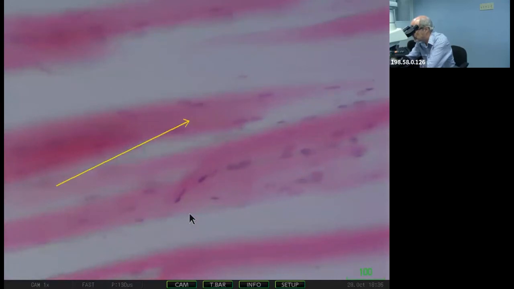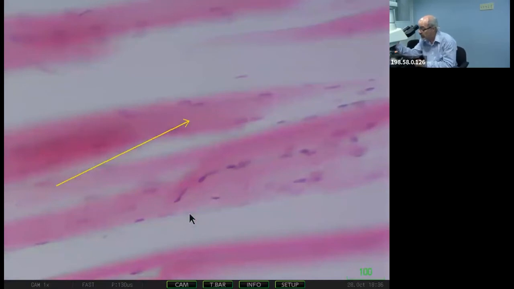So you should be able to recognize your skeletal muscle fibers by the fact that you have the nuclei at the periphery of the cells, and the cells are elongated.